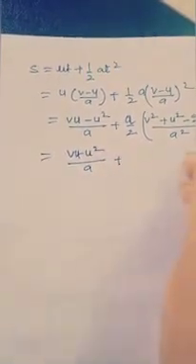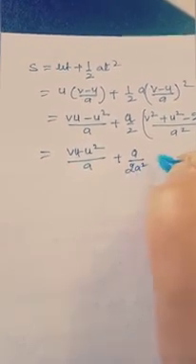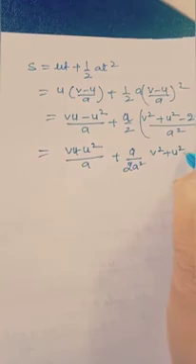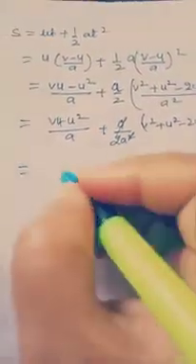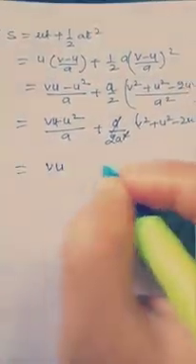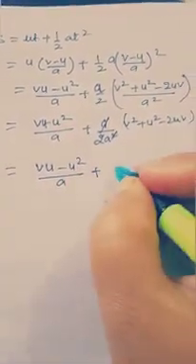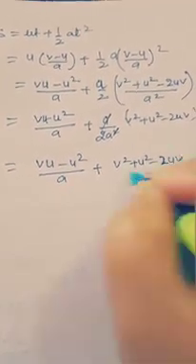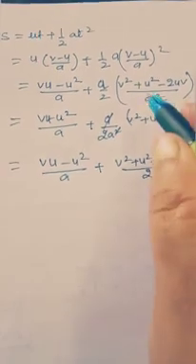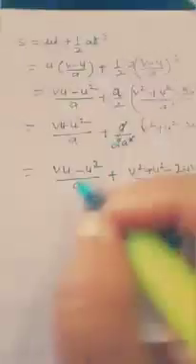If I open up the formula, a by 2a square times v square plus u square minus 2uv, a will cancel out one a from there. See, I am doing it in many steps so that you can understand. But if you want to reduce one or two steps, you can directly jump to this step, or you can omit this step.